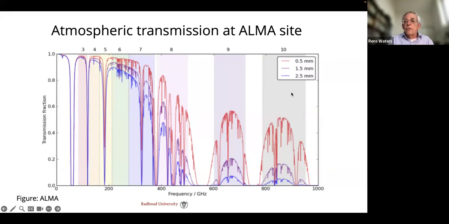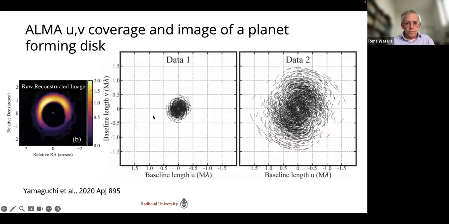The three different curves give different water content in the atmosphere: 0.5, 1.5 or 2.5 millimeter. You can see how strongly the atmospheric transmission can still vary, especially for the higher frequency bands. So the higher the frequency, the more difficult it is to observe with ALMA. But it has the great advantage that for higher frequencies, the angular resolution goes up dramatically, linearly with wavelength, which makes for much sharper images.